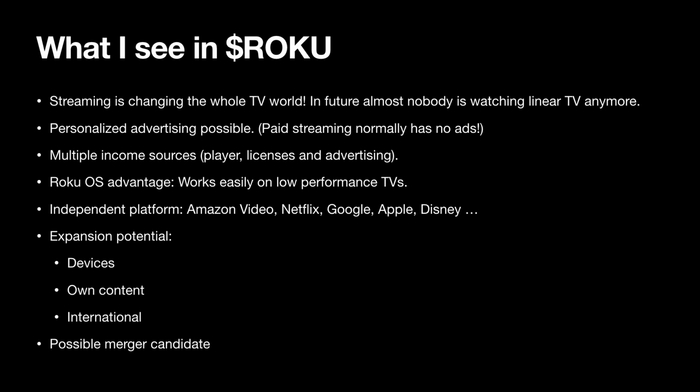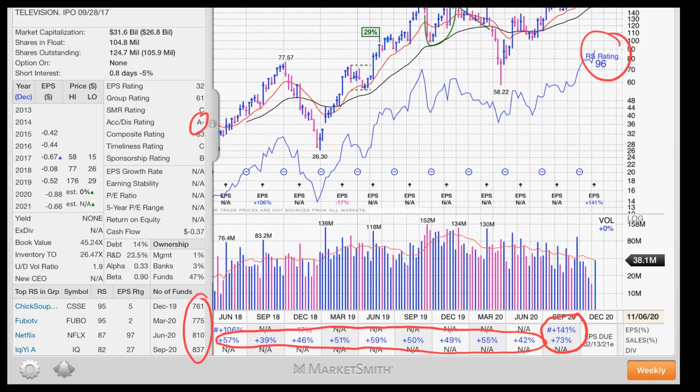But maybe also other companies like TV providers or cable providers can buy Roku, because they have a market cap of 22 billion, so this is very cheap and can be easily bought out by bigger companies. So I see definitely a merger potential in Roku.